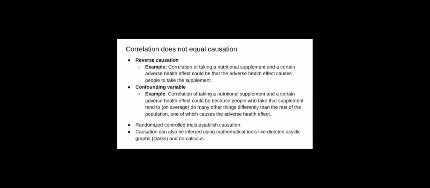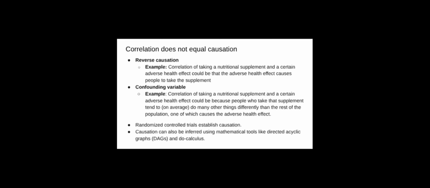So you might think that, well, since we proved it correlated, it's obvious that this supplement is causing that adverse health effect. But that's incorrect. There's always two reasons why there might be a correlation, even though there's not the causation you think there might be. The first reason is reverse causation.